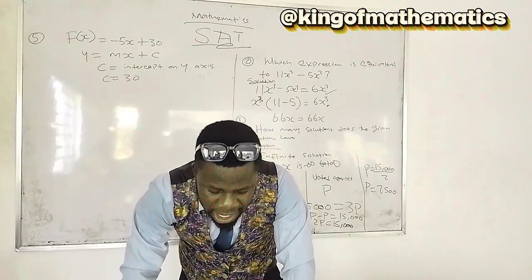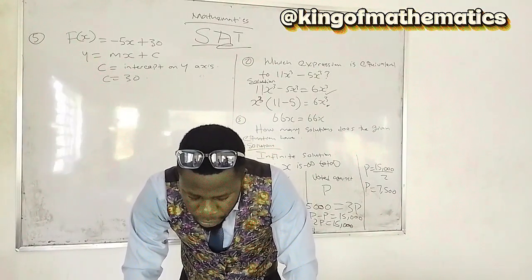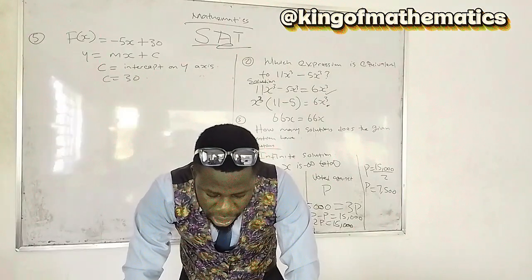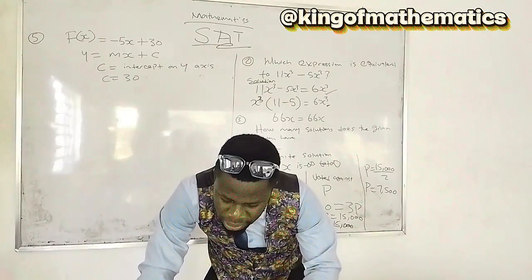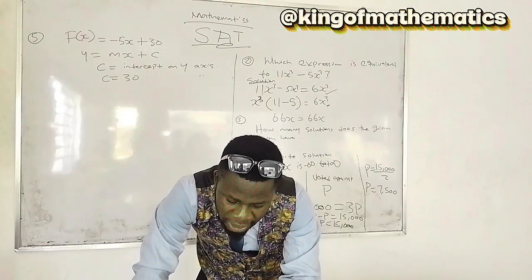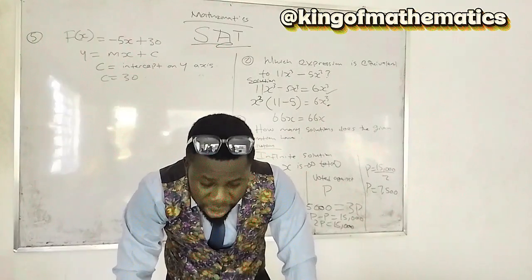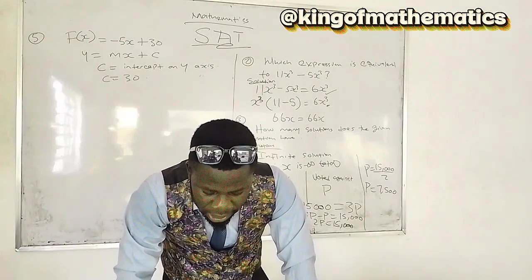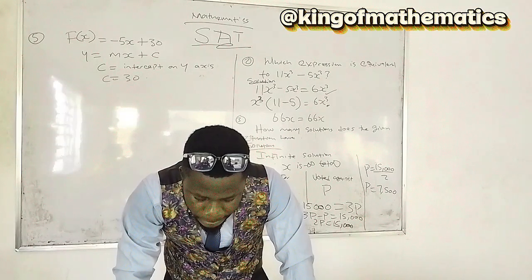A says that Caleb used approximately 5 fluid ounces of juice for each popsicle. If you look at it, what is 5 representing in that equation, minus 5x plus 30? The x coordinate.